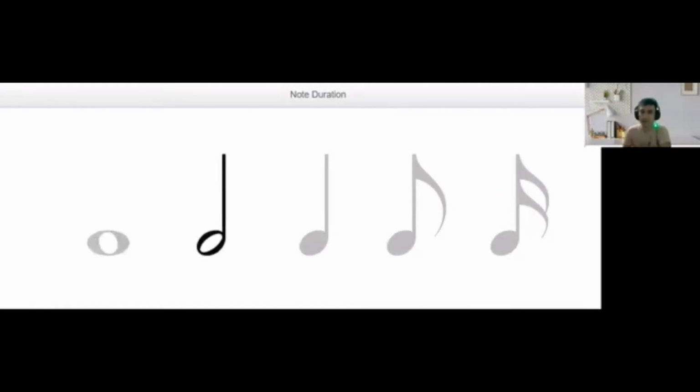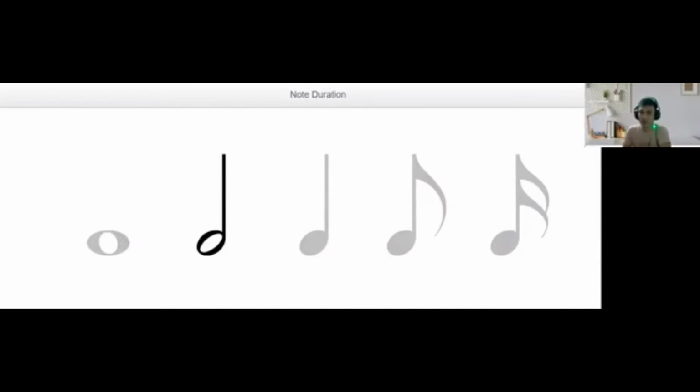The next one is a half note. It has half the duration of a whole note. So if a whole note is 4, therefore your half note receives 2 beats of musical sounds. Where 1, 2. As you can see, the half note has an oval shaped head without shade and with a stem or a body.